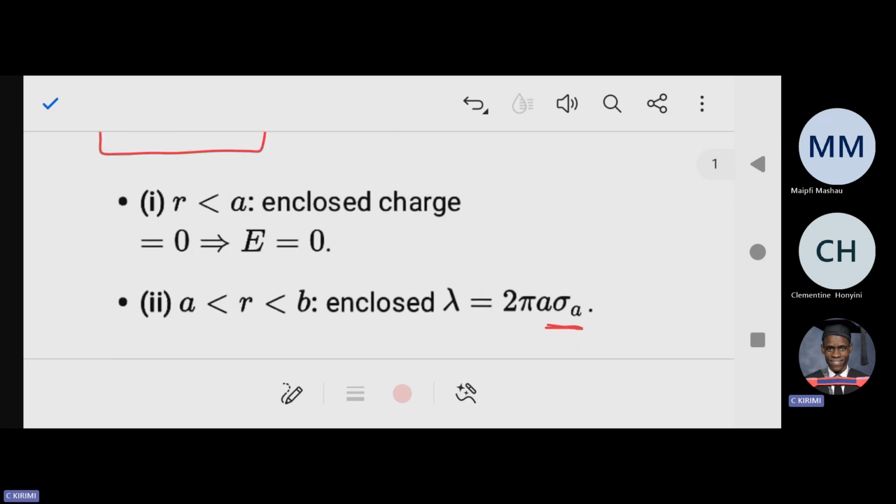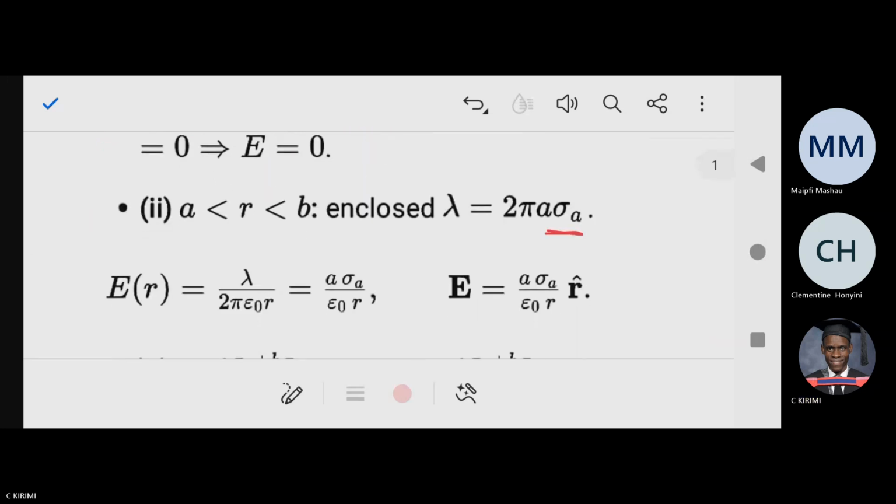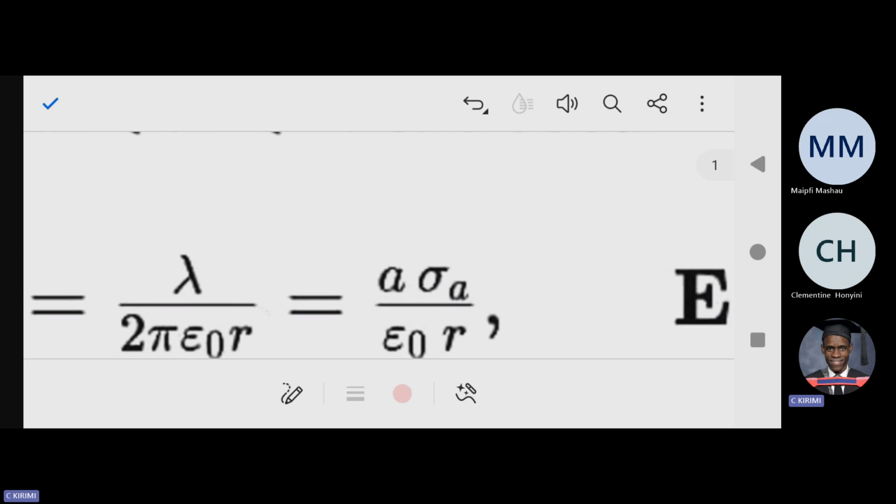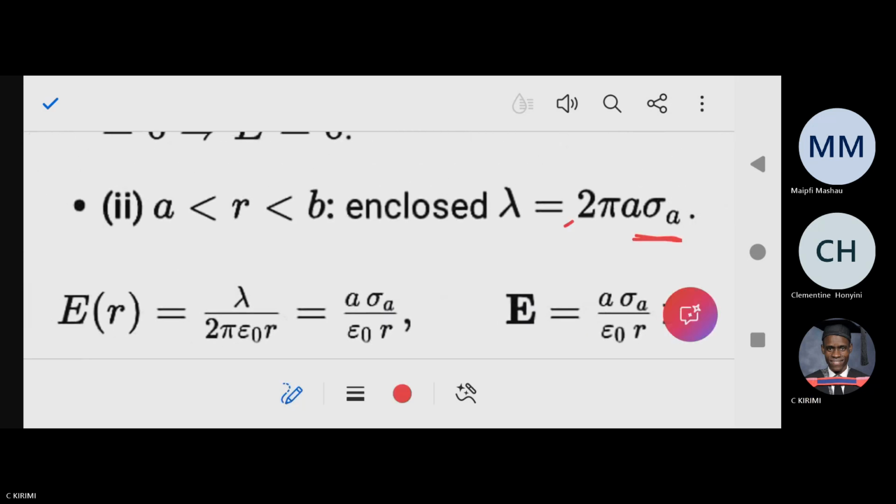But what is your lambda? What was our lambda for this region? So you replace where there is lambda with this lambda: 2 pi A, where A is the radius, and that is sigma A, which is the charge density for that radius.